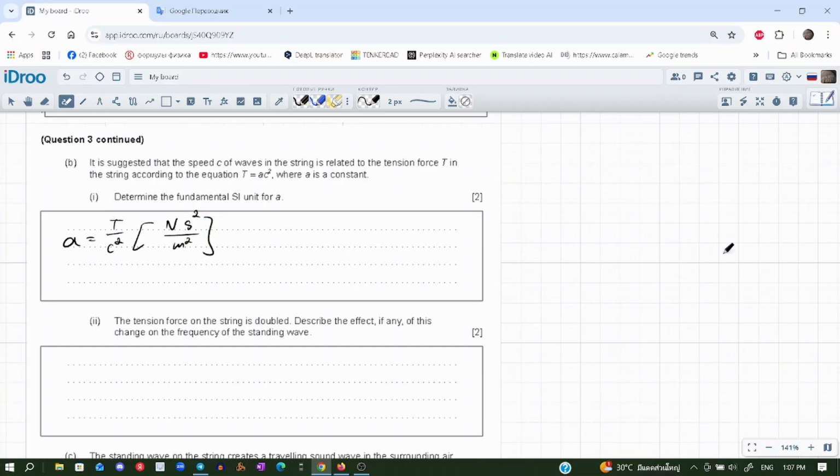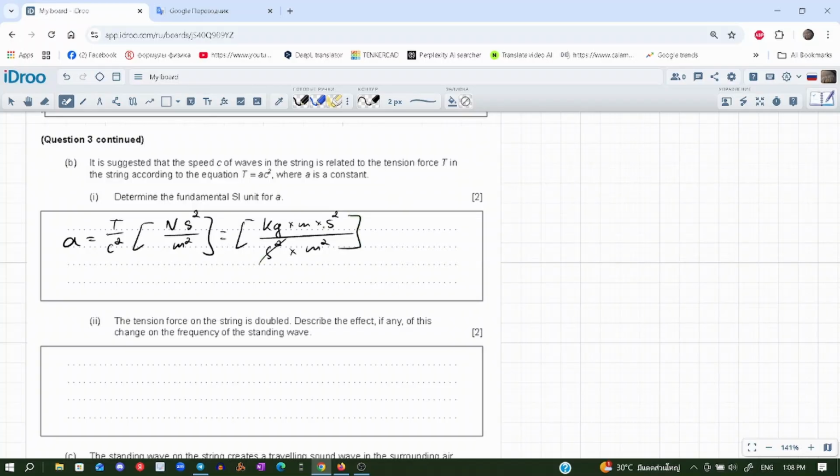But we know that newtons is kilograms times meters per second squared, right? So we will get kilograms times meters per second squared, times seconds squared, divided by meters squared.